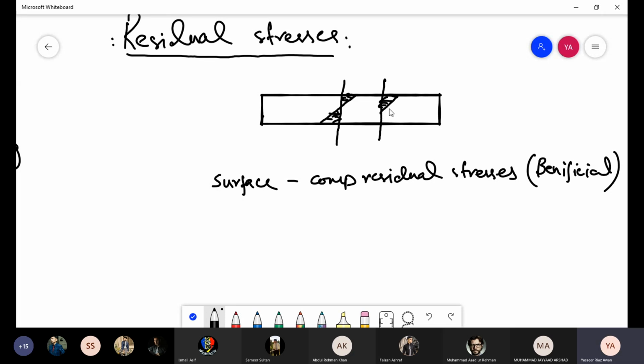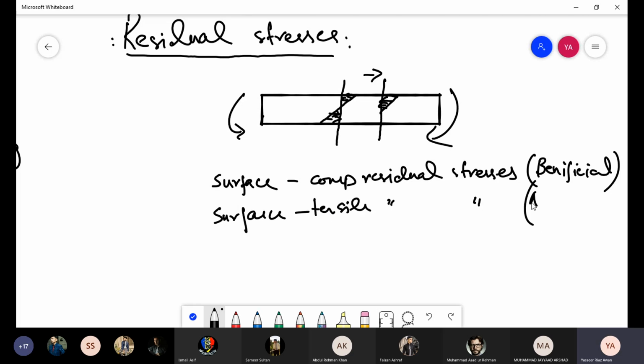The tensile stress due to the load would be subtracted from this compressive stress to get the actual stress. So surface compressive residual stresses are obviously beneficial, whereas surface tensile residual stresses have an adverse effect.